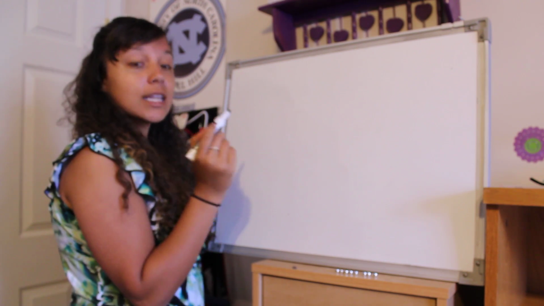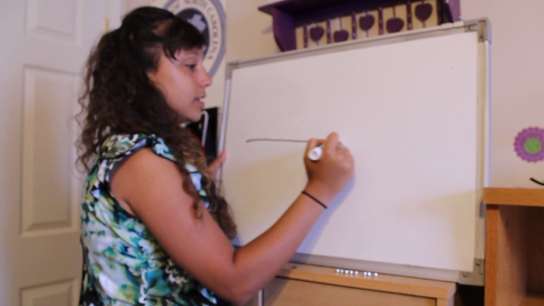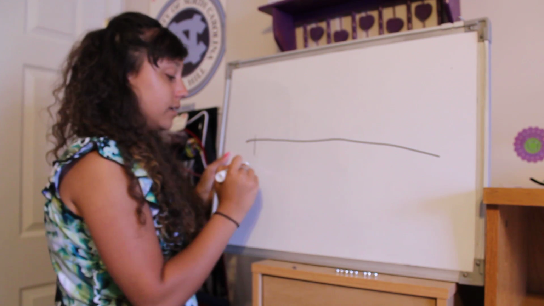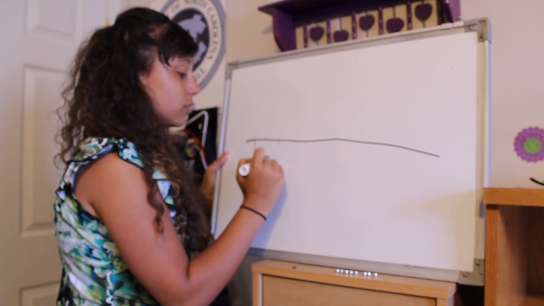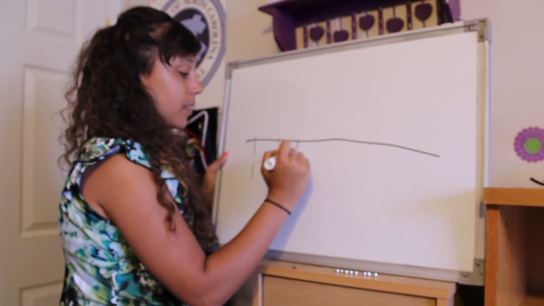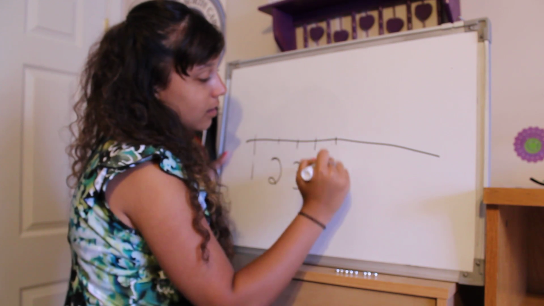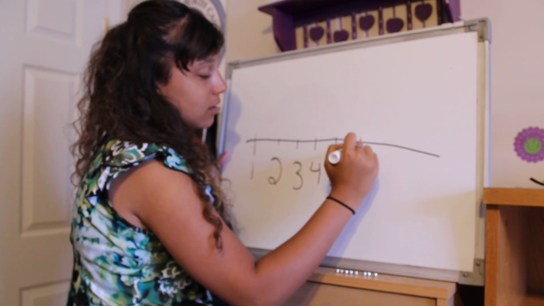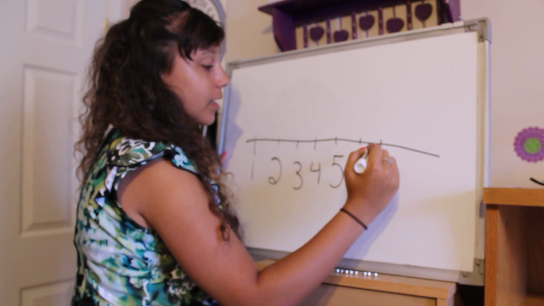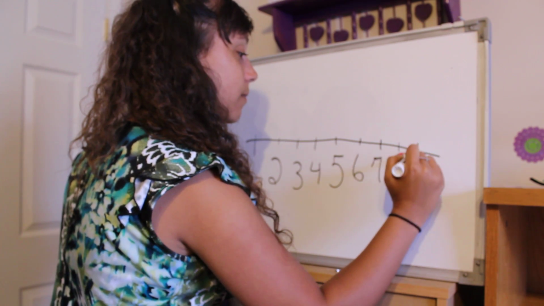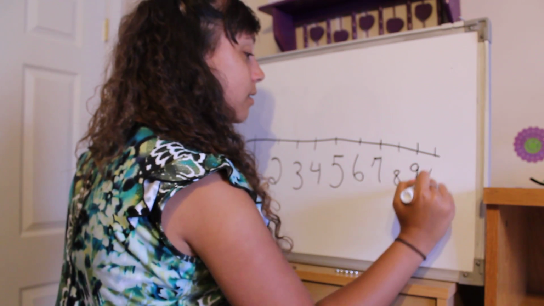So first we start with a line, just a basic line like this, and then we number it 1 to 10. So 1, 2, 3, 4, 5, 6, and 7, 8, 9, 10.